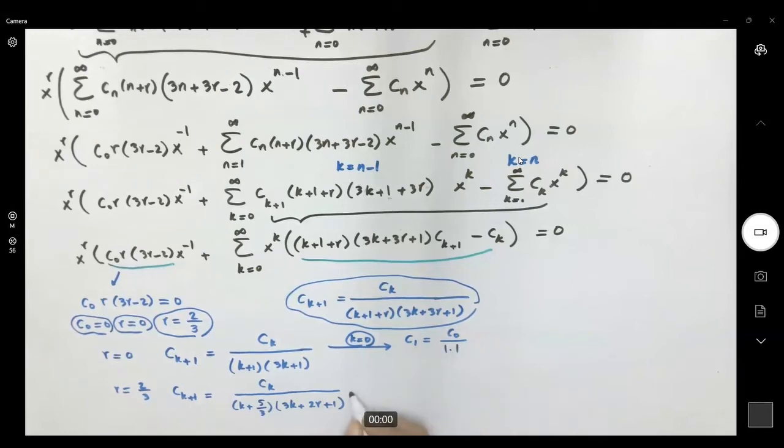If I plug in 0 here, my c1 becomes c sub 0 divided by 5/3, and here we have 3k plus 2 plus 1, which is just 3.